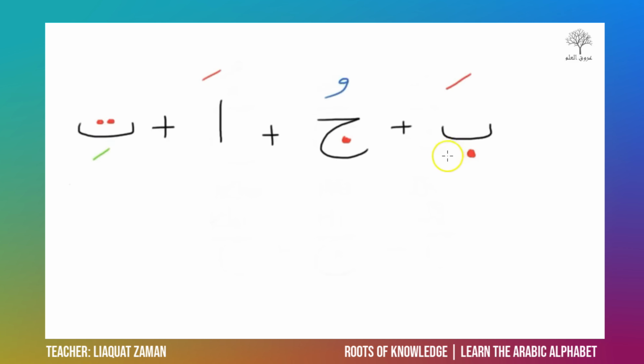Okay, how would you pronounce this? Ba, ju, a, ti. Excellent.